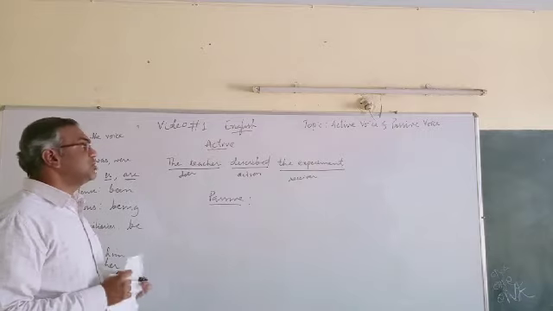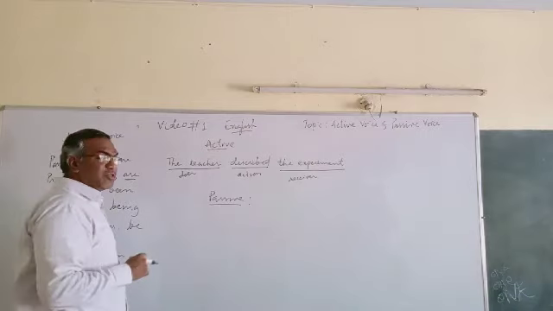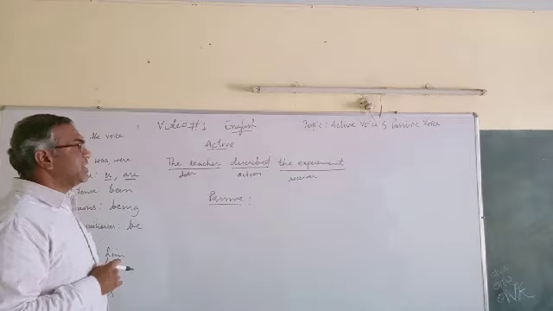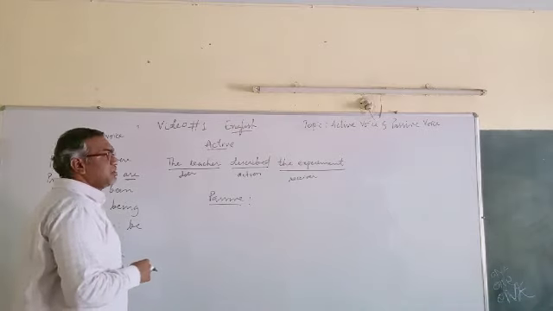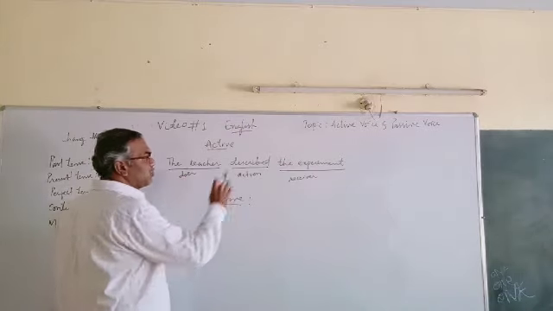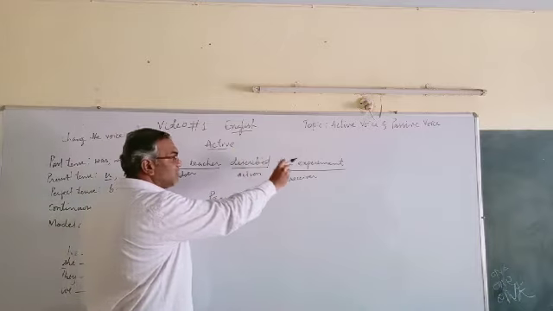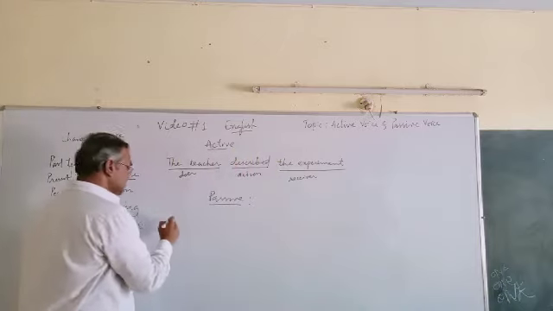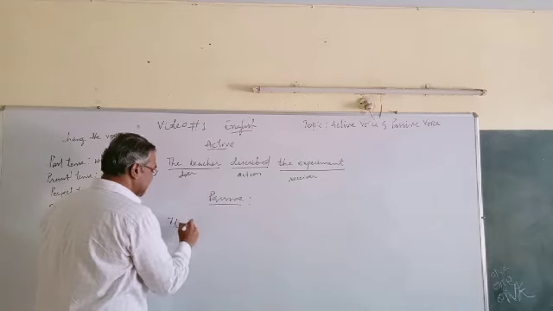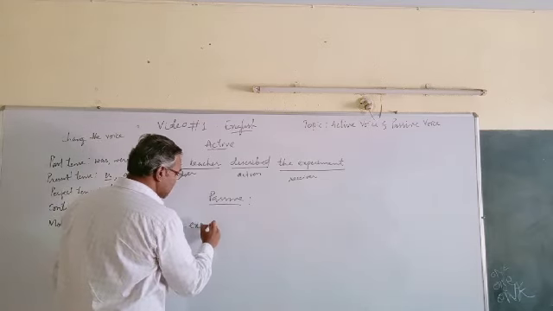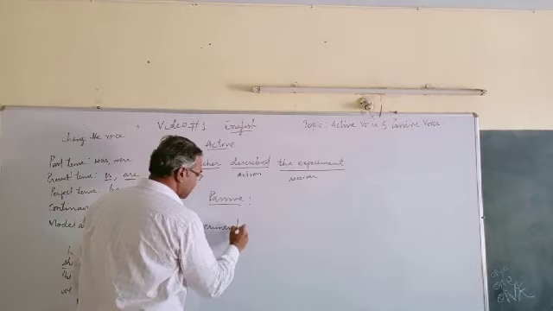Now we have to change it into passive voice. As I told you, we have to begin the passive voice with the receiver of the action. That means make the receiver of the action the subject. So what is the receiver of the action? The experiment, a singular subject.